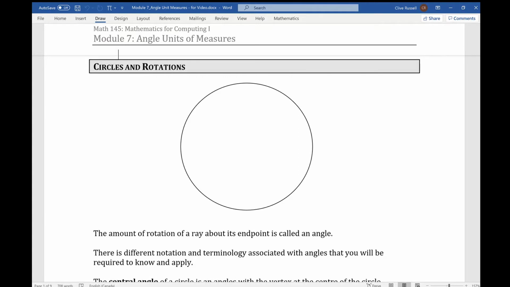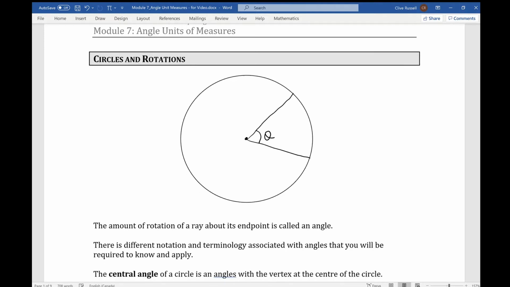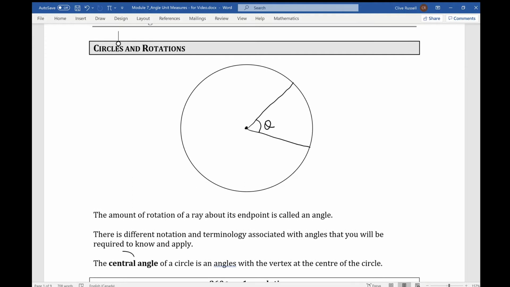So you all recognize this to be a circle, and you know what the center of the circle is. Now, if we draw a radius there and another one here, we end up with an angle here which we call angle theta. That is called a central angle.